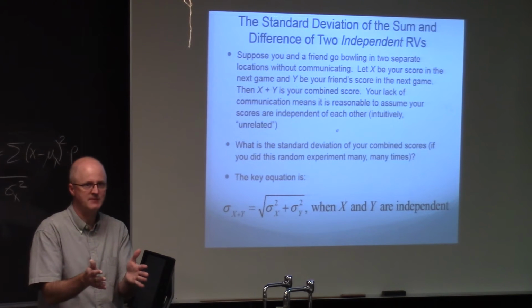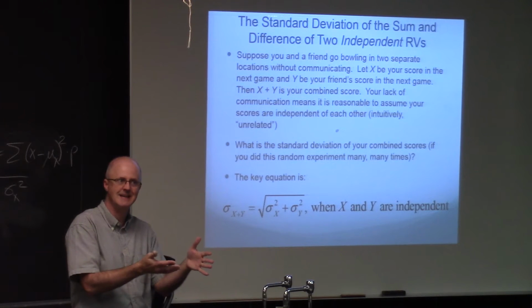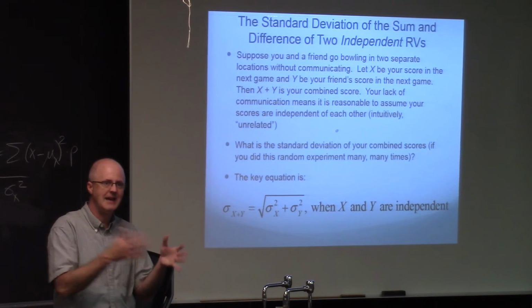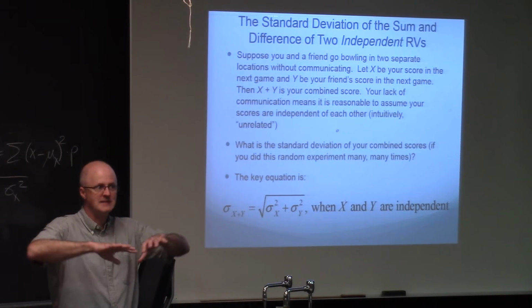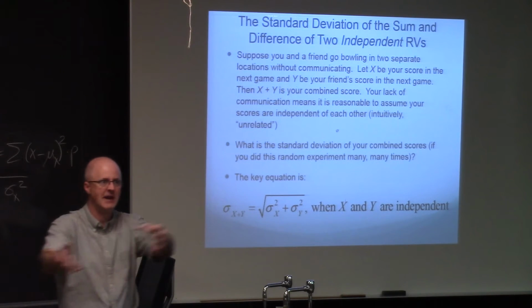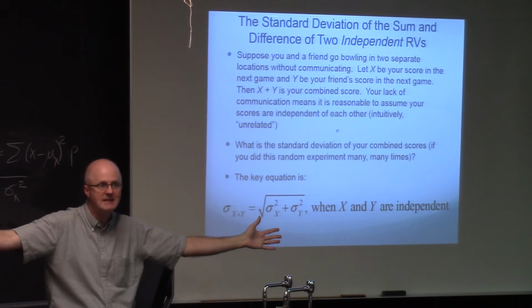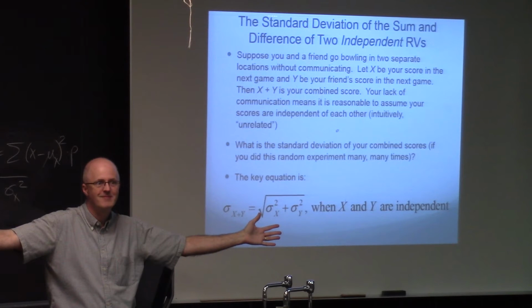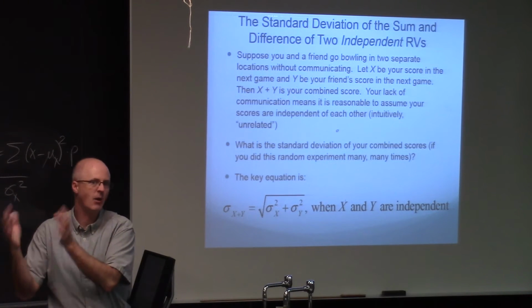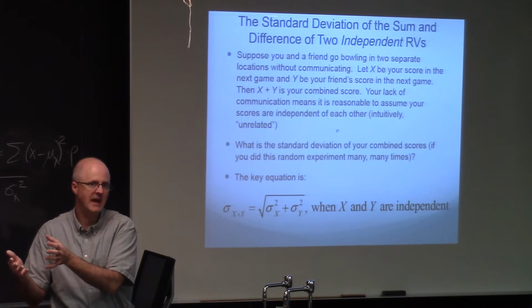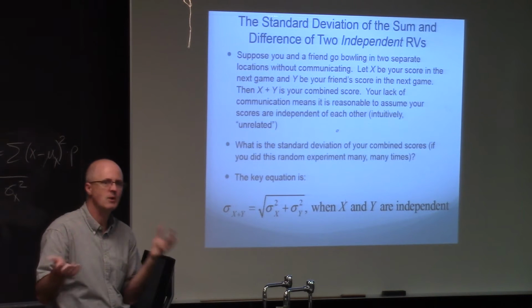X is the number of weeks for the product specification. Y is the number of weeks for the manufacturing process design. Are the values of X and Y independent in real life in this company? I don't know. If these two teams that work on product specification and manufacturing process don't talk to each other, they work in separate states maybe, it might be more reasonable to assume they're independent, that knowing how long the product specification took and knowing how long the manufacturing design takes might be unrelated.